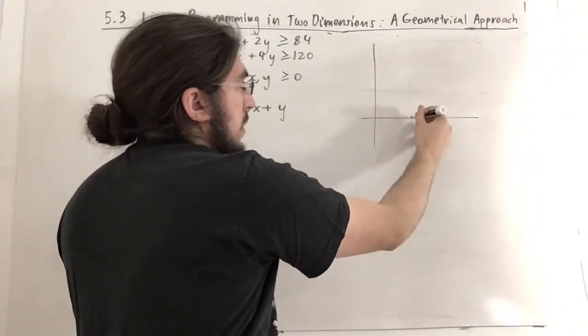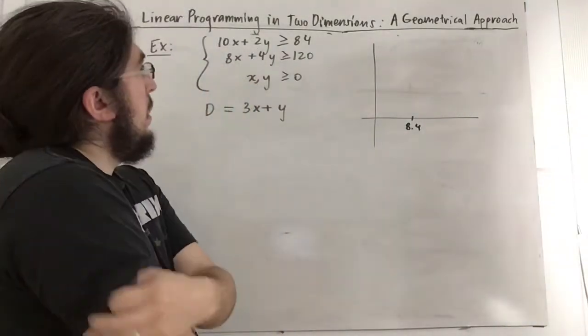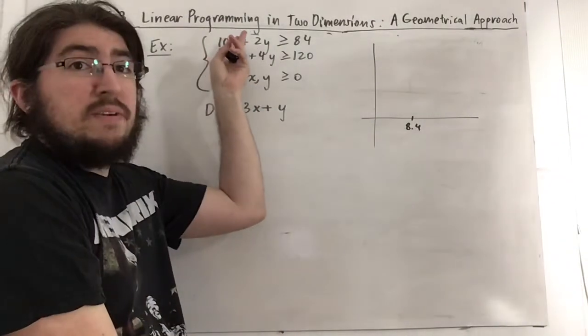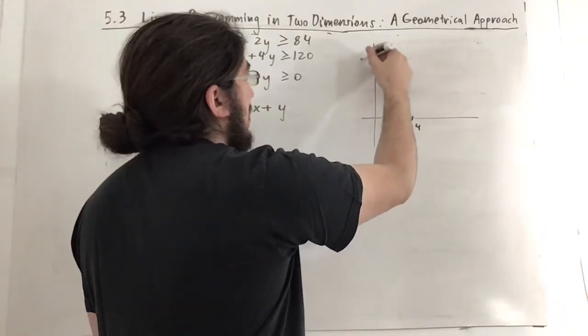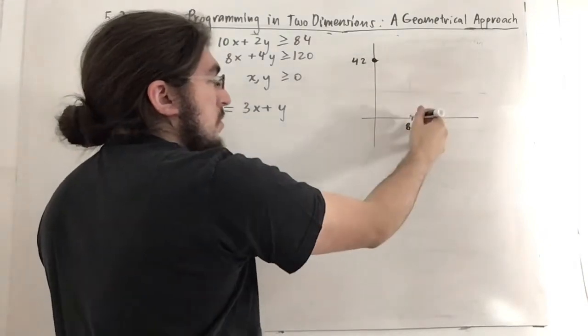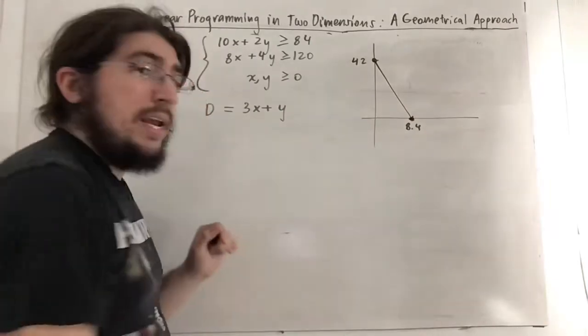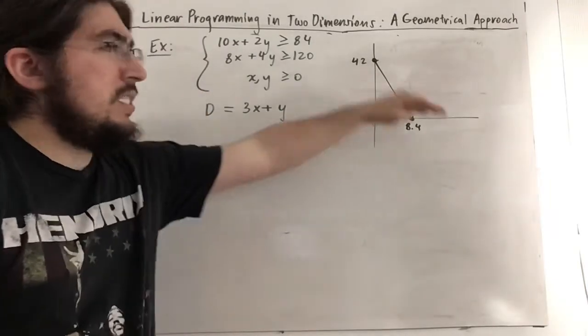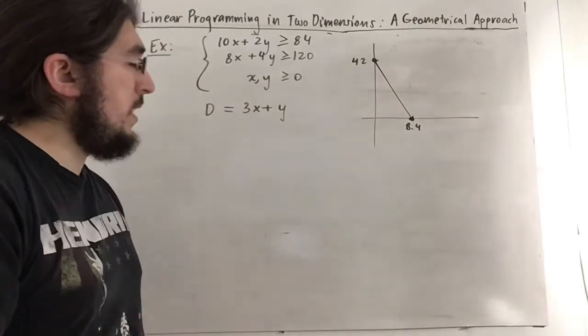So let's say this is 8.4. When you divide by 2 to get the y value, 84 divided by 2 is 42. So passing through x equals 8.4 and y equals 42 is this line.